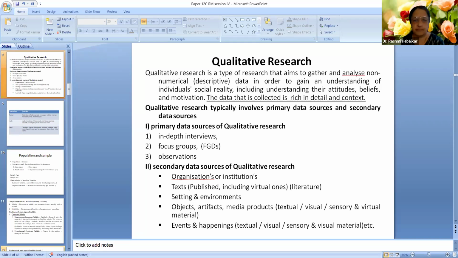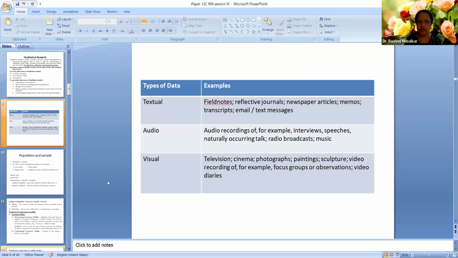Yeah, sorry. So clarity on this, quality research can be done. This design you can do based on the secondary and primary data methods. Textual data, audio data, visual data is also secondary data, which is qualitative data. Many examples are given.